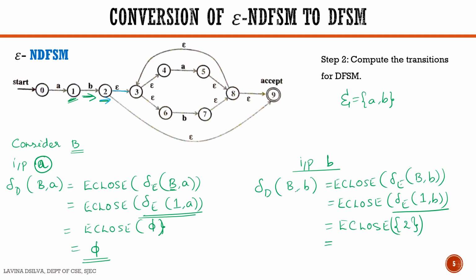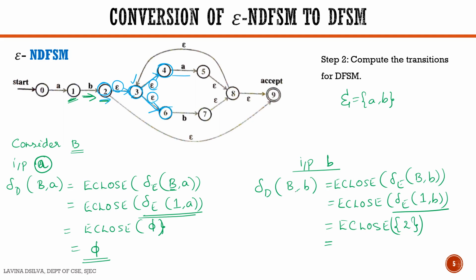See, there is one epsilon transition. This is state 2. On an epsilon transition, it goes to state 3. So this one state. Now from 3 or 2 through 3 can reach 4 because there is an epsilon transition. And again through 3 it can also reach 6 because there is an epsilon transition.